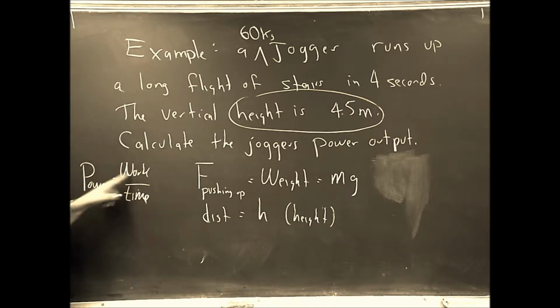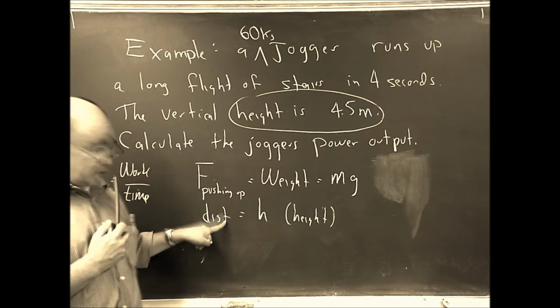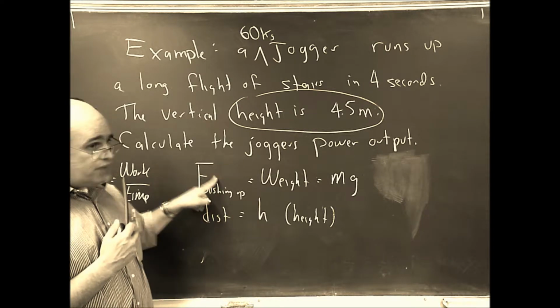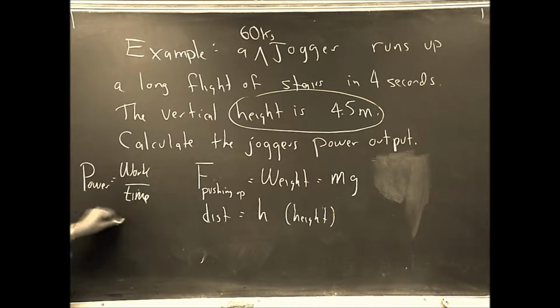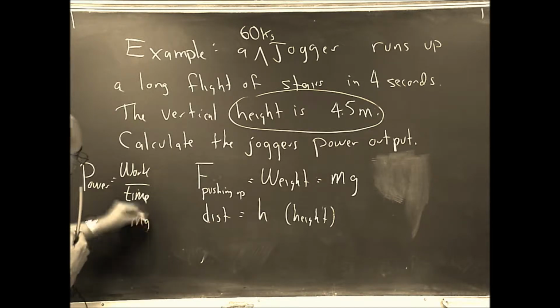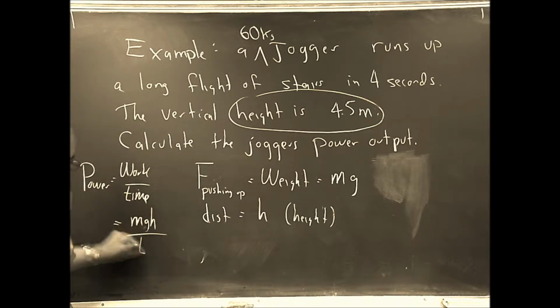Well, work is a force times a distance. So this particular person is pushing themselves up with a force of their weight through the distance of the height. So we could say that this would be mgh over the time. So m times g is their weight, h is the height, divided by the time.